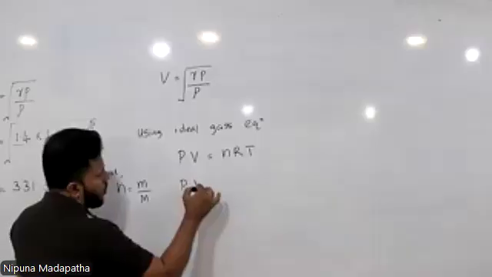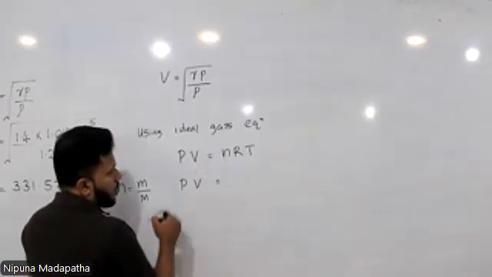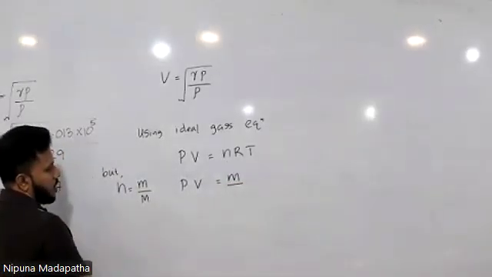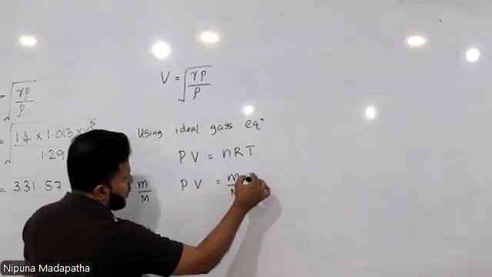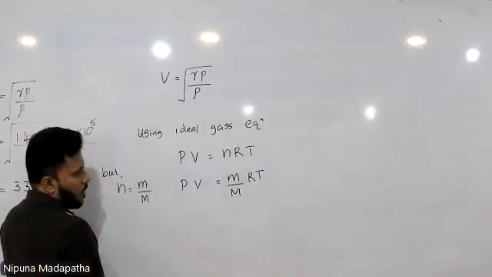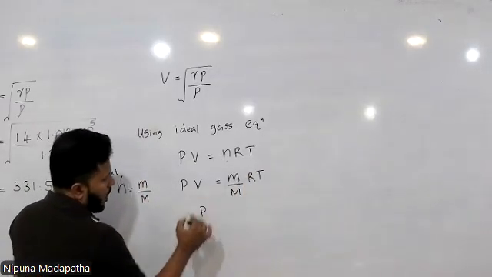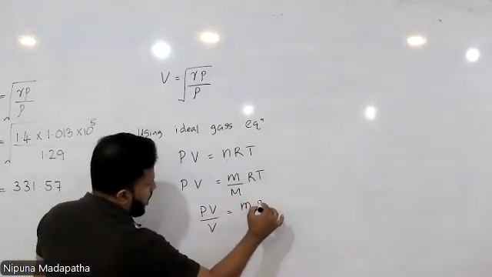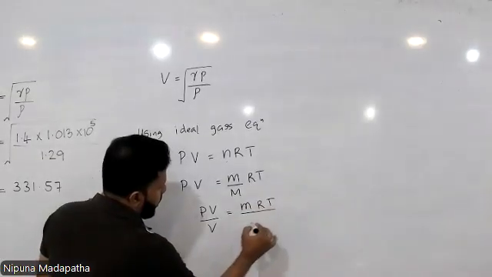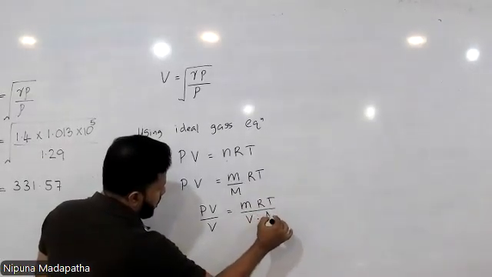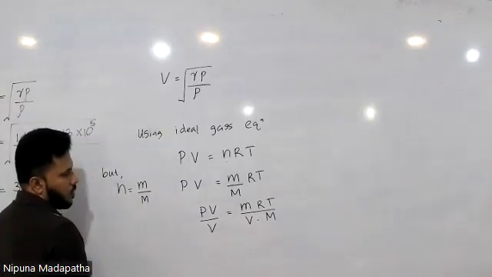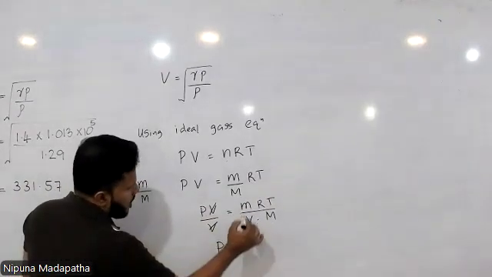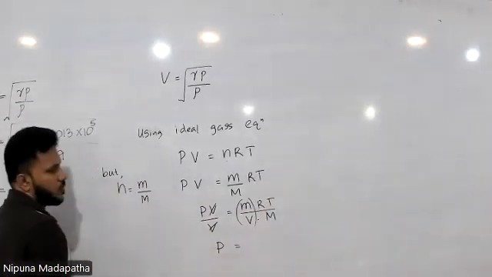So in PV equals nRT, instead of n we write small m over capital M, times RT. Then divide both sides by V: P equals m RT over M V. What is m over V?